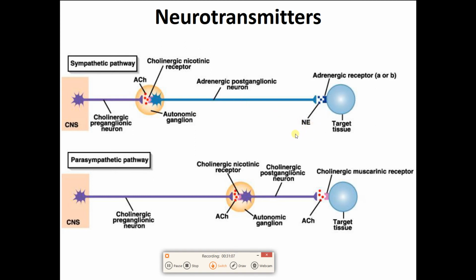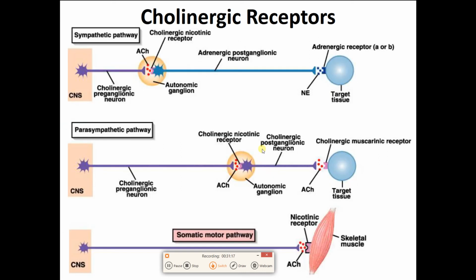So we still need to figure out what kind of receptors these neurotransmitters hit and then what actions they have. Now, receptors for acetylcholine are called cholinergic receptors.